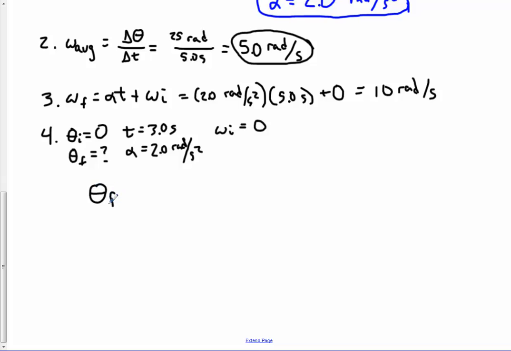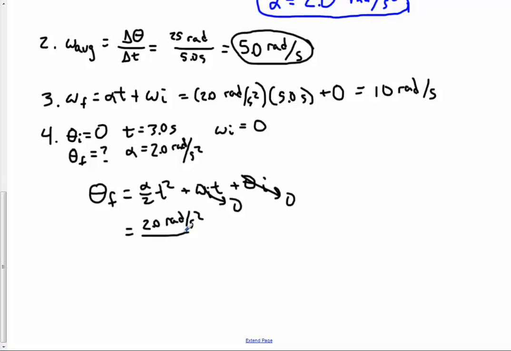So theta f equals half of the acceleration t squared plus omega I t plus theta I. But this is 0 and this is 0, so it's just these three. So we have 2.0 radians per second squared over 2 times 3 seconds squared.